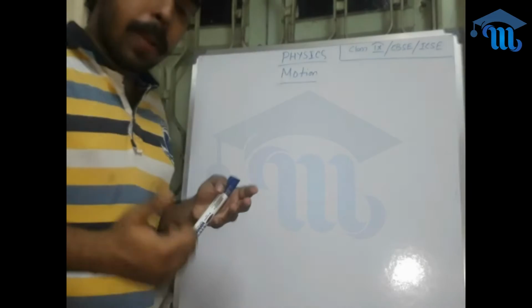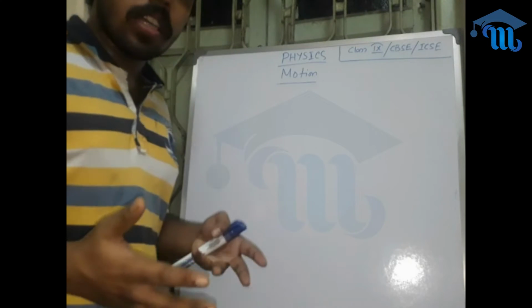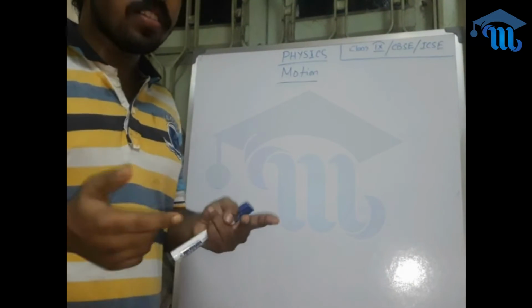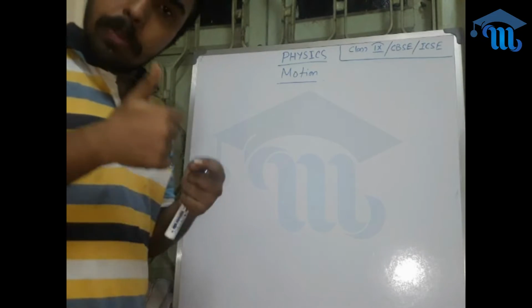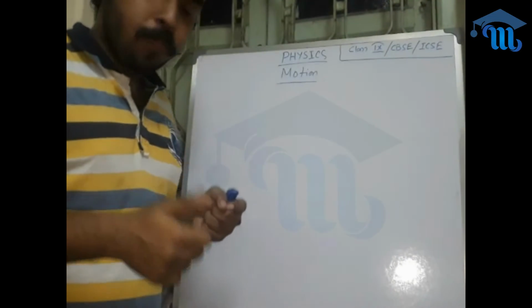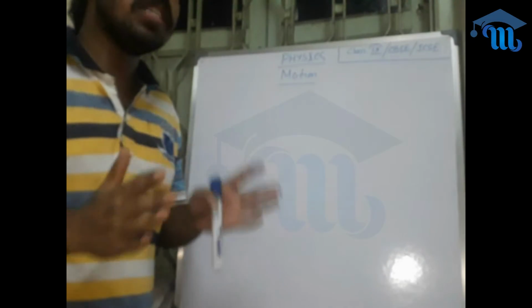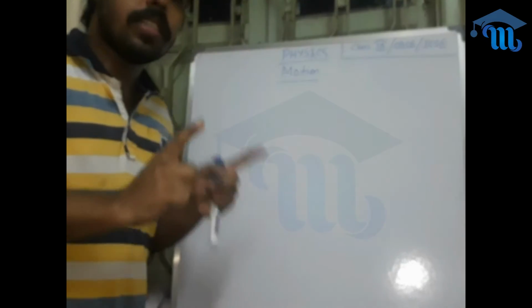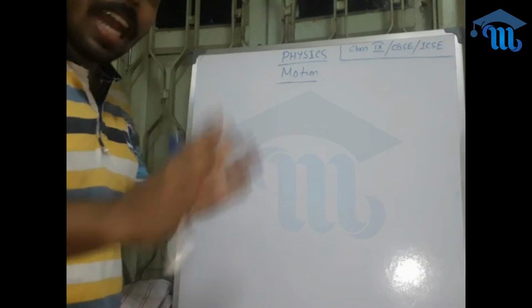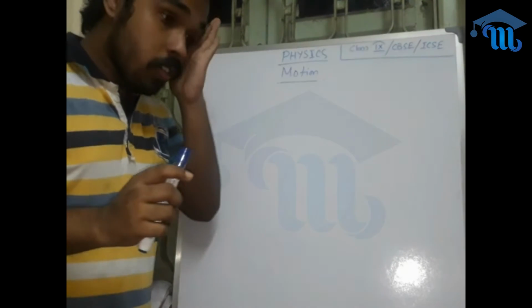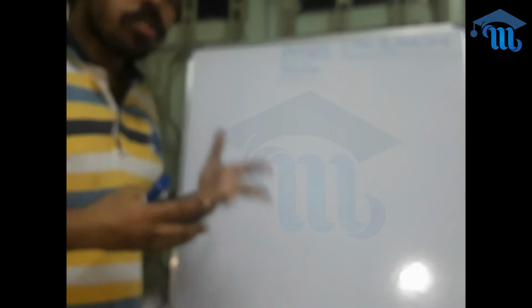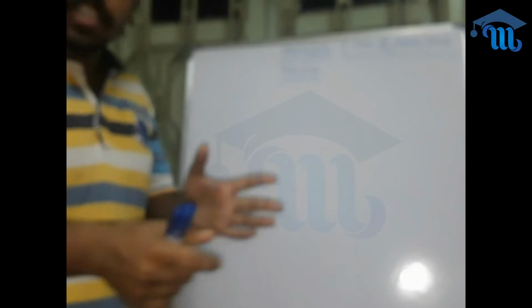On the other hand, a vector quantity consists of two things. First, a particular magnitude, and second, a particular direction. Displacement has a particular direction but distance does not. That's the main difference.